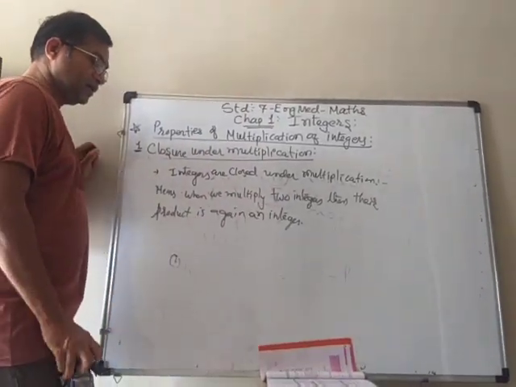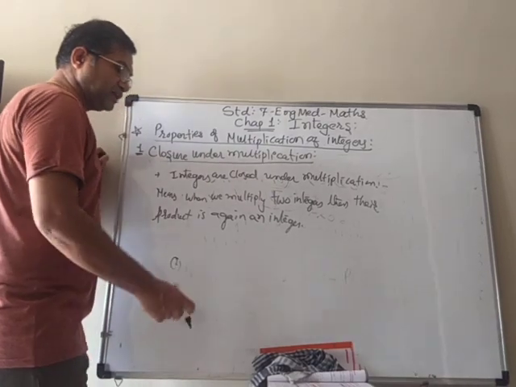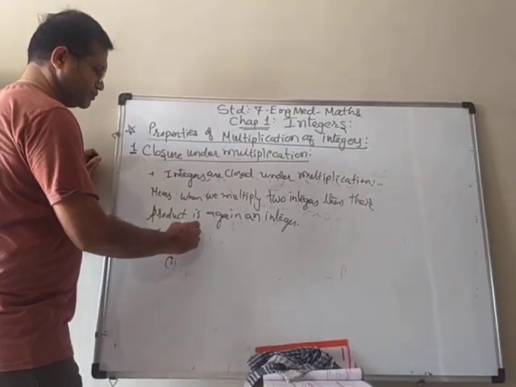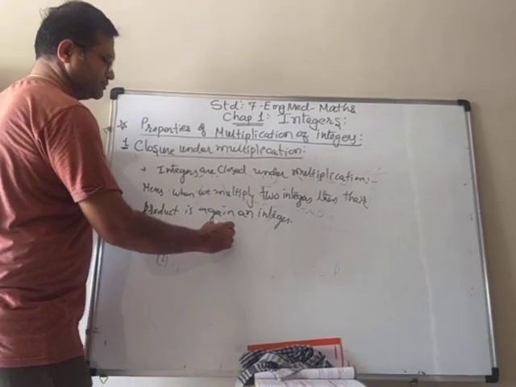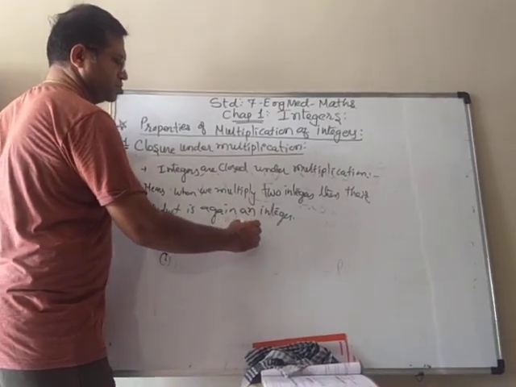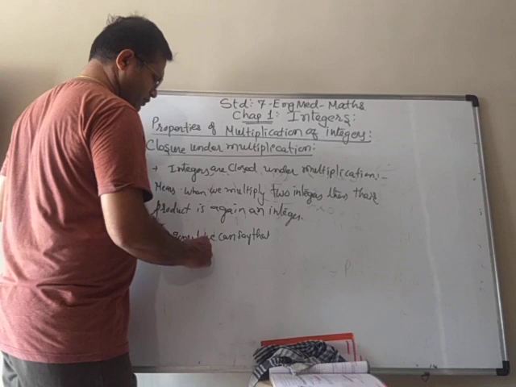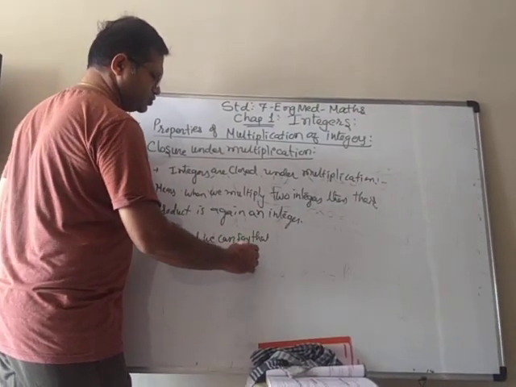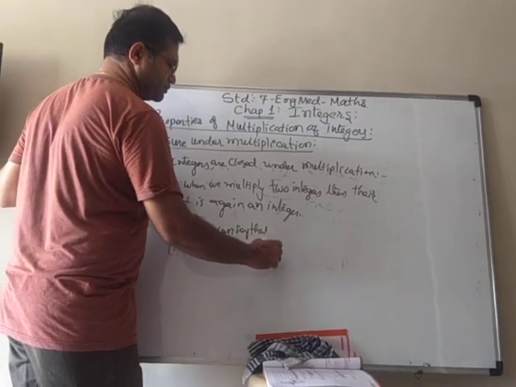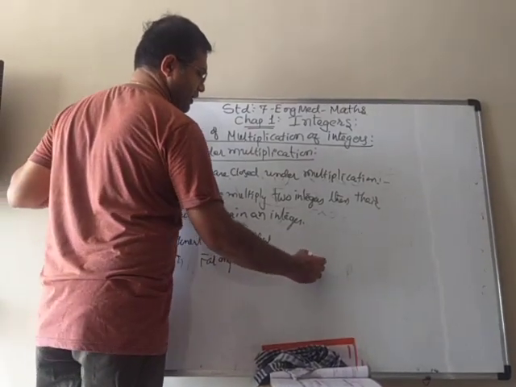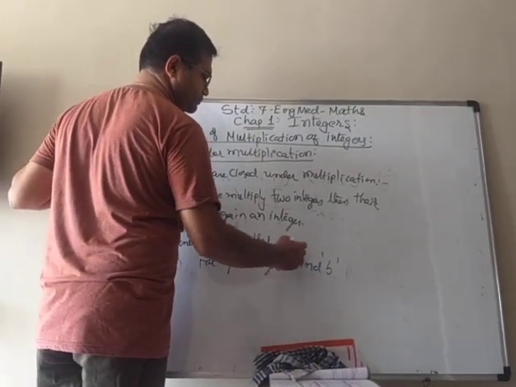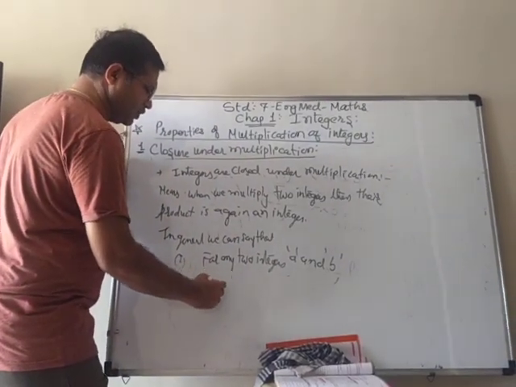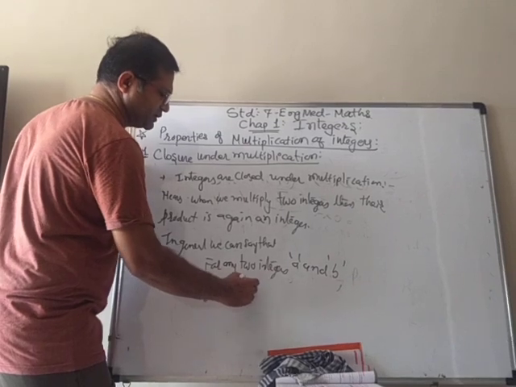So, in general, what can we write down? In general, we can say that for any two integers A and B, AB is also an integer.